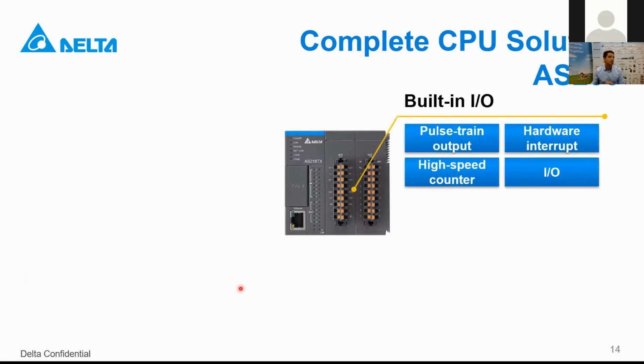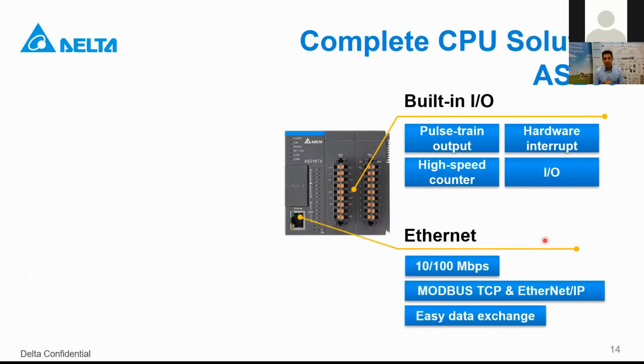And this is AS200. So here, what is the main difference? There is a built-in I/O, but the connector type is different. For the AS300, it was a mil connector, but this is a push-in connector. And this AS200 also supports pulse output, hardware interrupt, high-speed counter, and digital I/O. And we have Ethernet port as well.